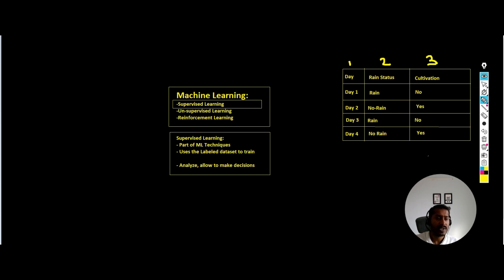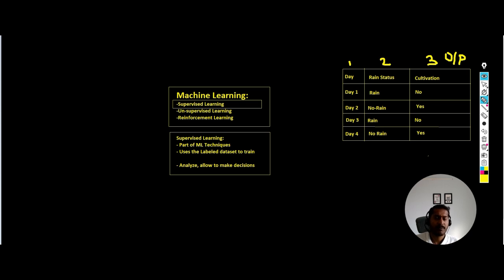Here the day and the rain status we considered as input data, because these two columns are input data, and the third one, which is the cultivation, is nothing but the output data. So here I have to find this output data itself, and this output column is nothing but the labeled data.